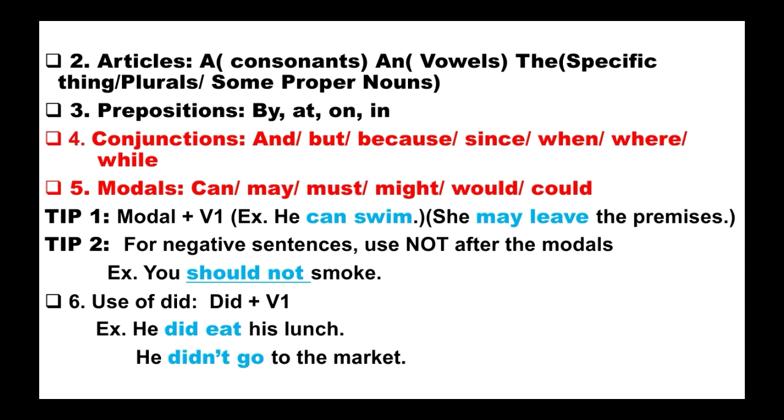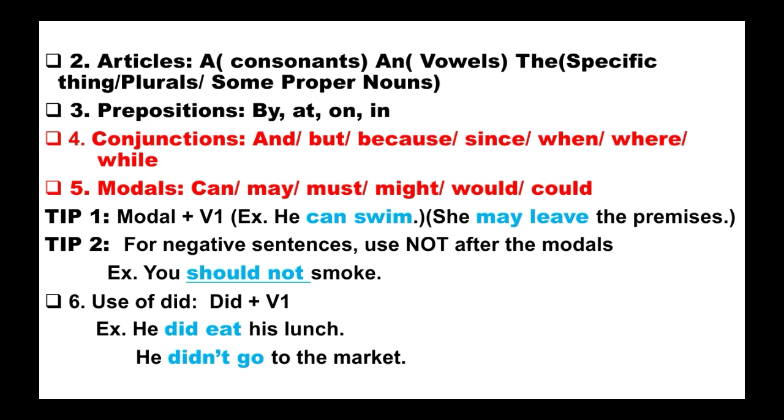Now, the 6th category which you need to identify is regarding the usage of did. With did, we always use V1, first form of verb. This is the most common mistake, children, and while speaking also, among your peer groups or with your teachers, with your elders, with your seniors, this is the most commonly spotted error when we speak English language, right?